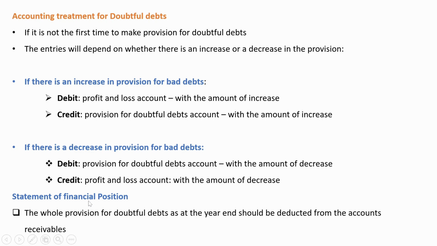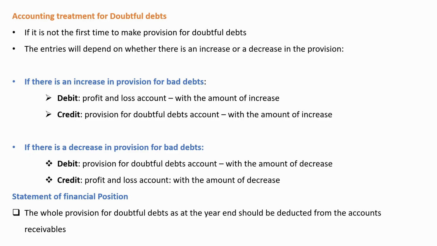And then when you go to the statement of financial position, so remember these are the entries you are going to make in the income statement or the profit and loss account. But when you go to the statement of financial position, the whole provision for doubtful debts as at the year end should be deducted from the accounts receivable. The whole provision.